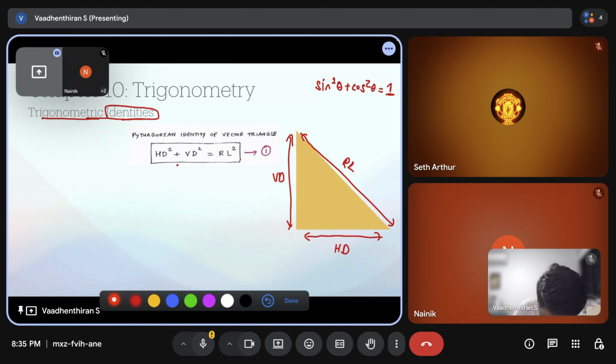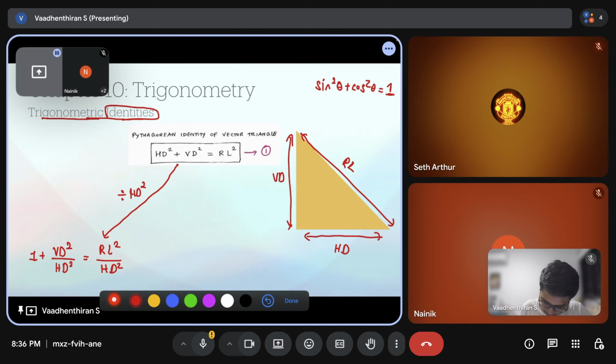So the first thing you do is divide the whole thing by HD squared. So what will you get? 1 plus VD squared by HD squared equals RL squared by HD squared.